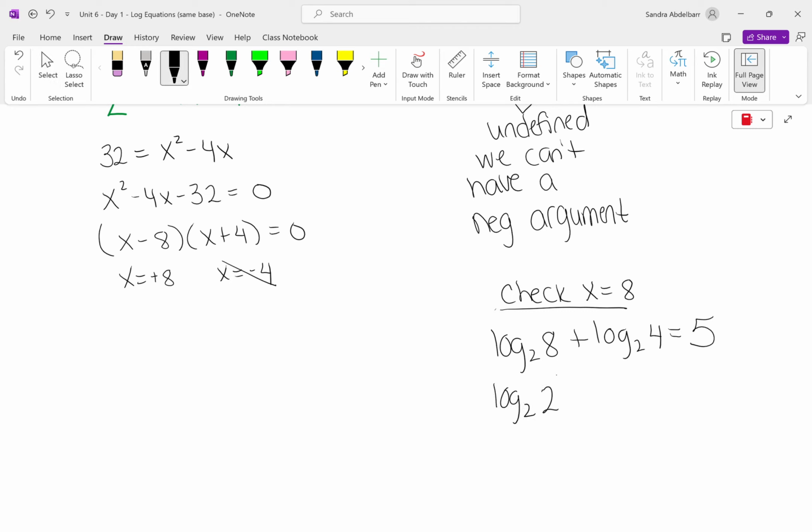We could just even solve this. Isn't this log base 2 of 2 to the third plus log base 2 of 2 to the second? So remember the shortcut? What is this going to be? 3. What's this going to be? 2. And 3 plus 2 is equal to 5, so that works out.